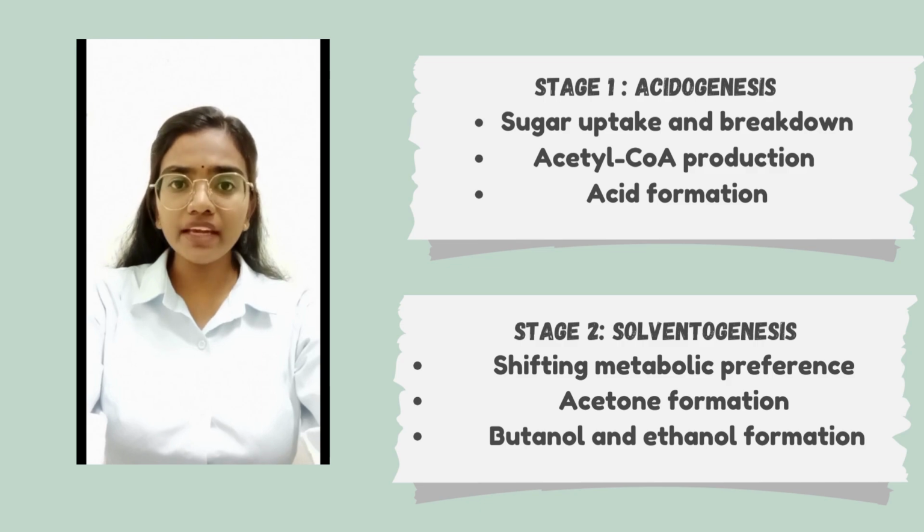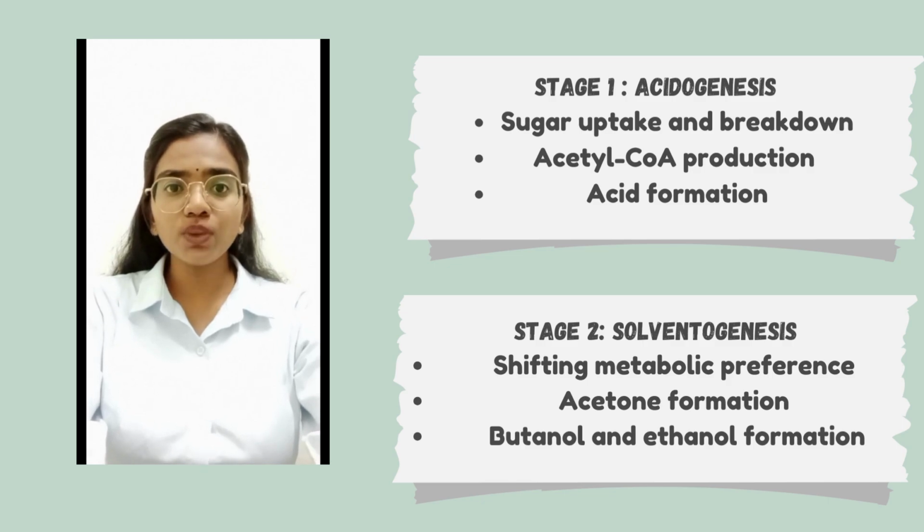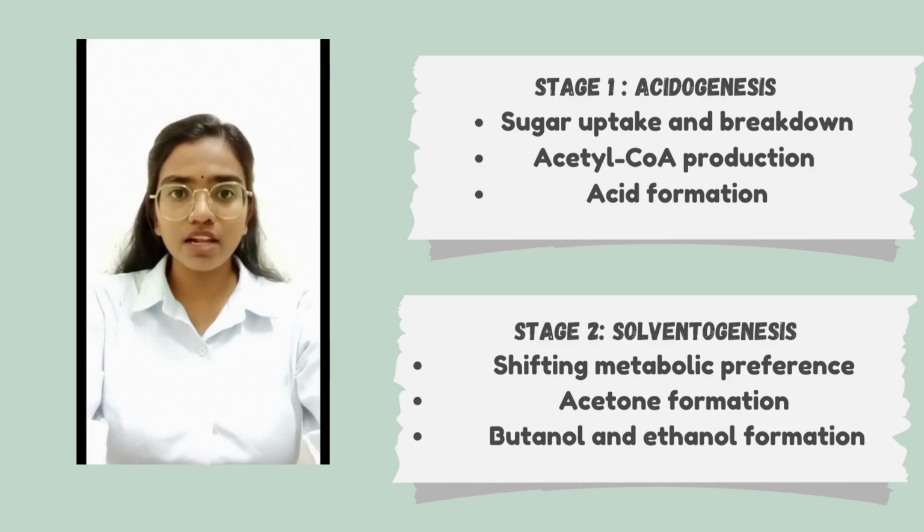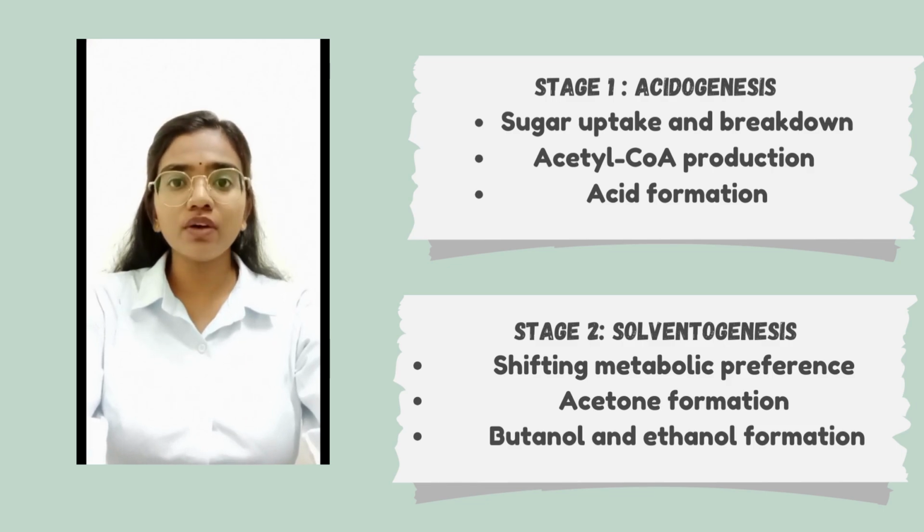Acetyl-CoA can be converted directly into acetone through a spontaneous decarboxylation reaction. Acetyl-CoA can also be converted into an intermediate called butyryl-CoA, then be further converted into either butanol or ethanol through a series of enzymatic reactions.